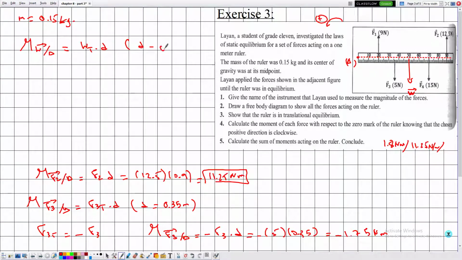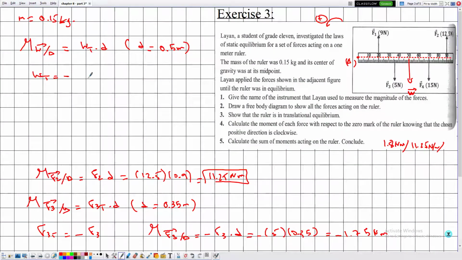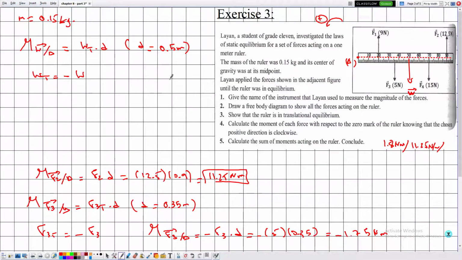D in this case is equal to 0.5 meters. And weight tangential, so notice that the weight is rotating in the negative direction, which means clockwise. And it is completely tangential, so no cosine.